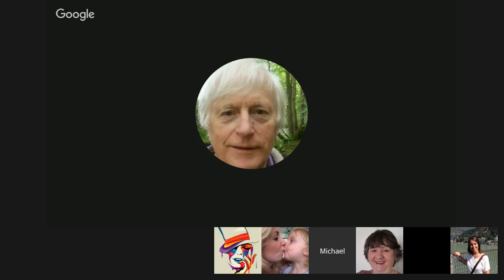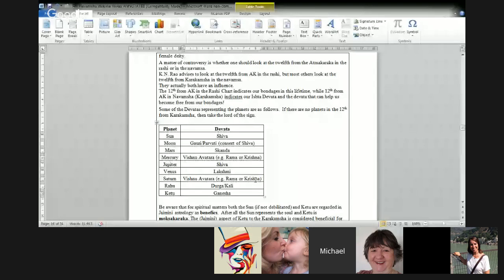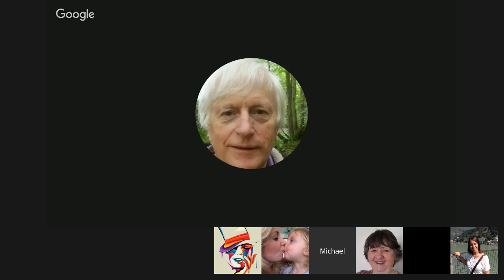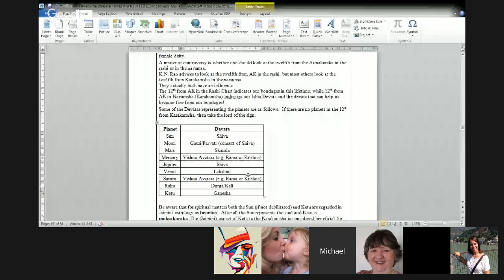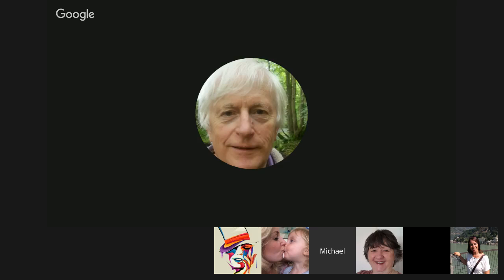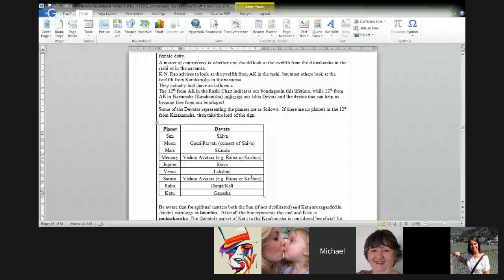Now, my 12th house is Aquarius, and the standard suggestion is either Rama or Krishna. So this is obviously within a Vedic framework. So you might like to consider, well, what is being said in absolute terms, taking it wider than the Vedic framework. Incidentally, both of those are avatars of Lord Vishnu.